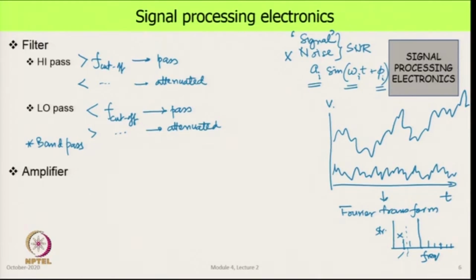So, in this picture, if we wanted to remove all of this, we make a cutoff frequency there, all these things get attenuated, and we are left with this. And if a filter has both low pass and high pass and only allows these frequencies, this is what we get as a band pass filter. So, this removes the noise, and what I have explained is done in hardware.